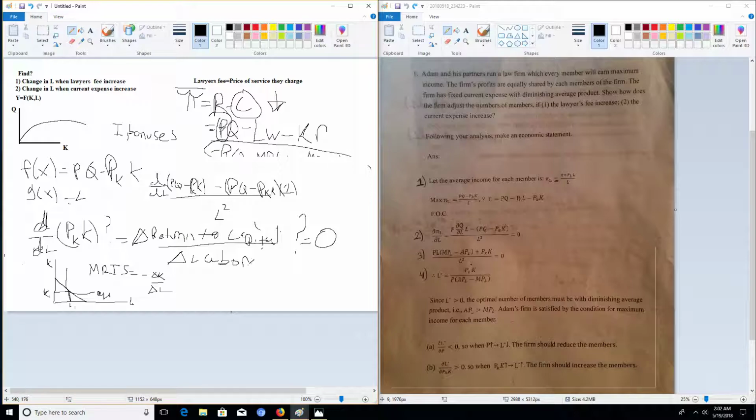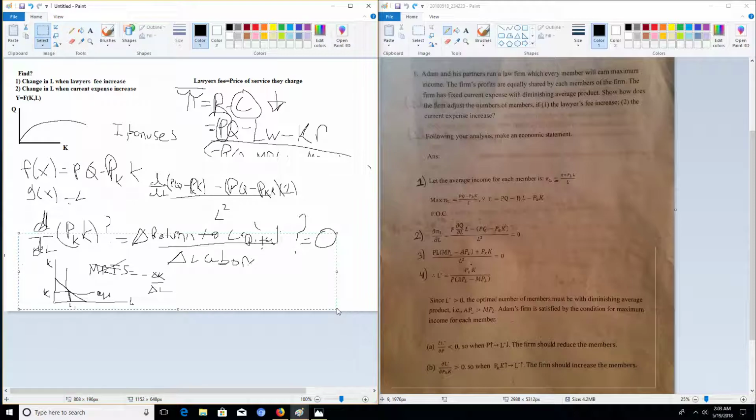The price that the lawyers are charging for their service is increasing, so quantity demanded is going to go down, and so quantity supplied is going to go down. So Q is not kept the same, this does not even apply, and this is going to be just 0. So that helps us out real quick.